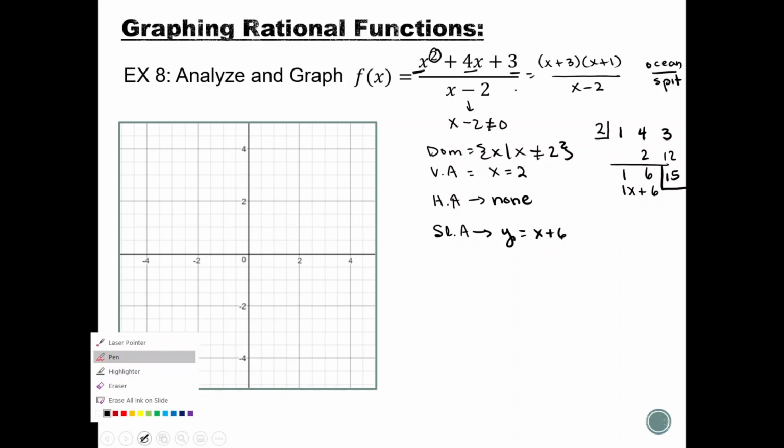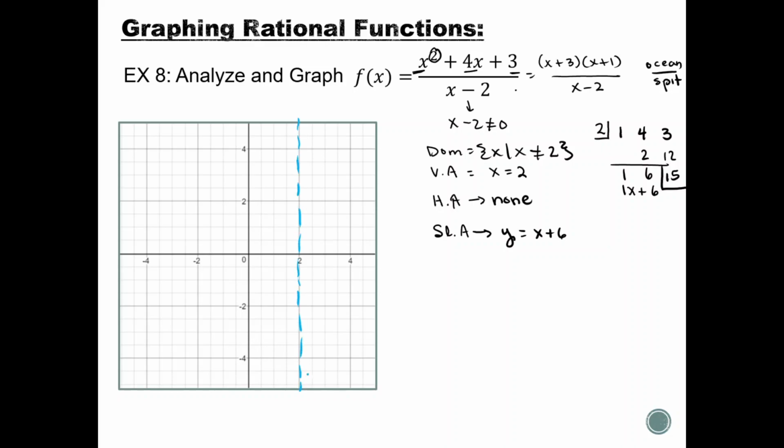Okay, so now to plot these asymptotes, so x equals 2 is here. Okay. Y equals x plus 6. I'm going to have to extend my graph up a little bit. Actually, let's just do this. I'll change my grid.